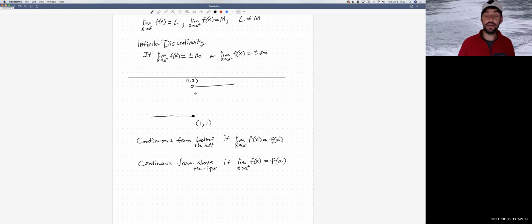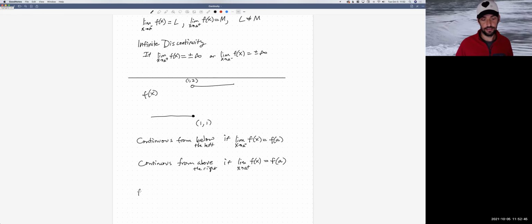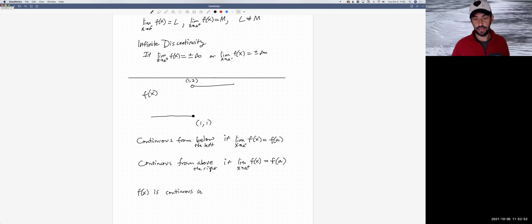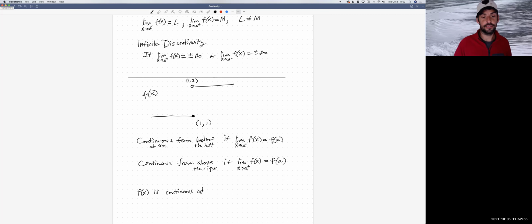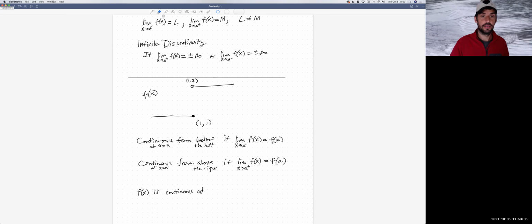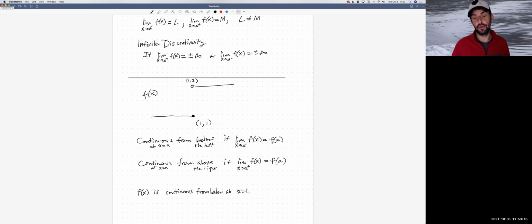So in this example here, if this is f of x, we could say f of x is continuous from below at x equals a, and f of x is discontinuous from above at x equals 1, right?